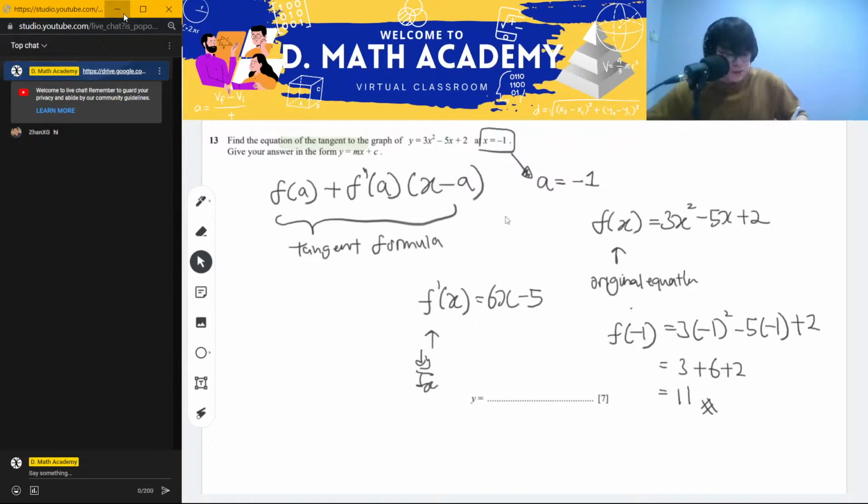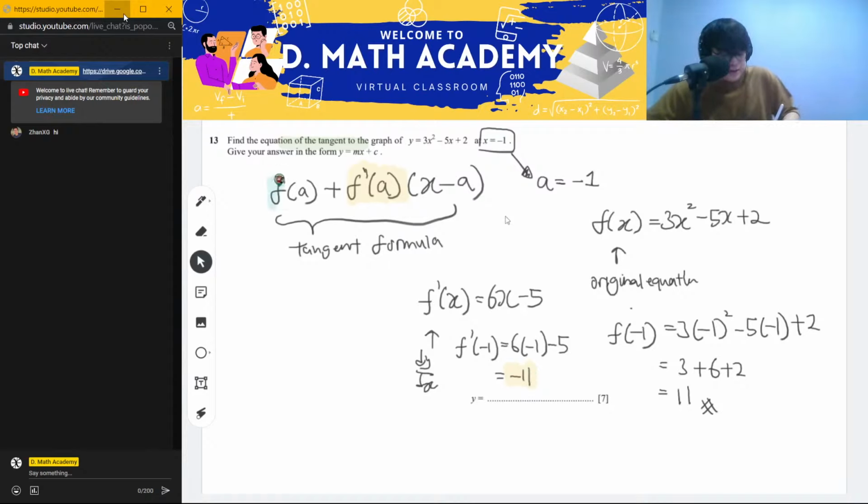Okay, kindly put in your -1 into it. So you should end up with -11 here. Okay, so with all this information sorted out, time to fill in the blank. This f prime a is this -11. I color code it so that it's easier for you to see.